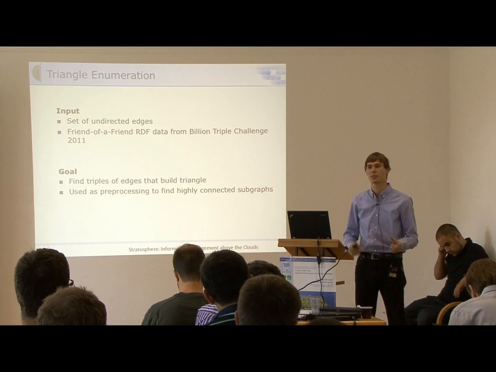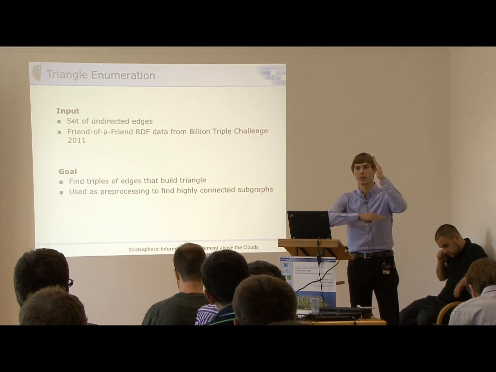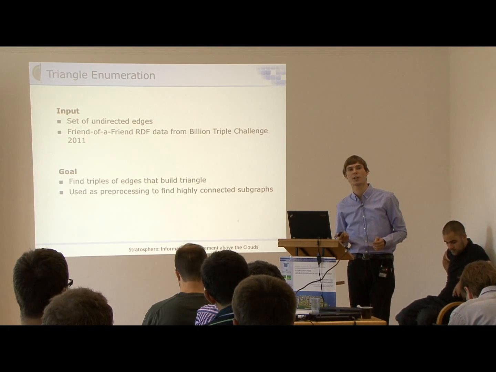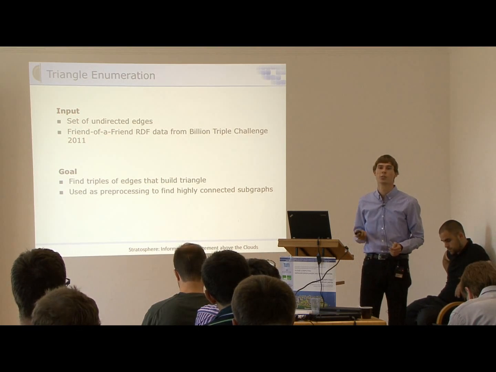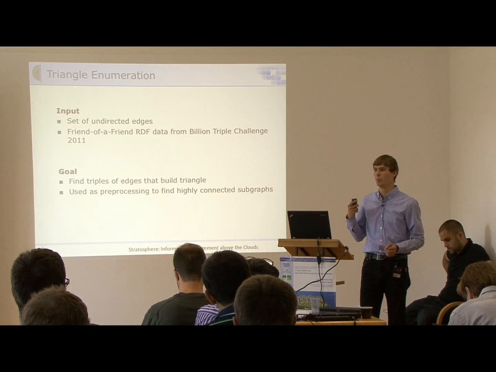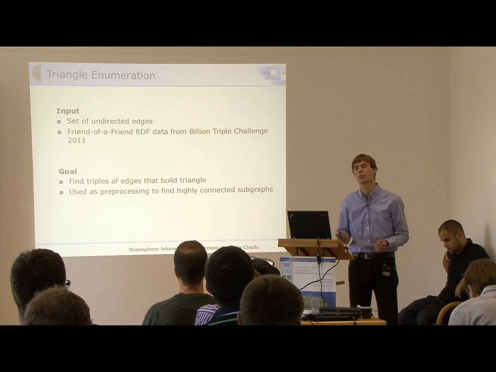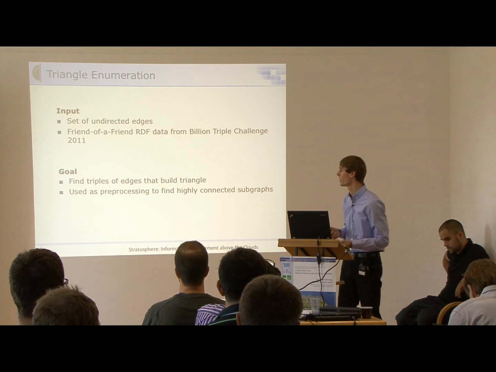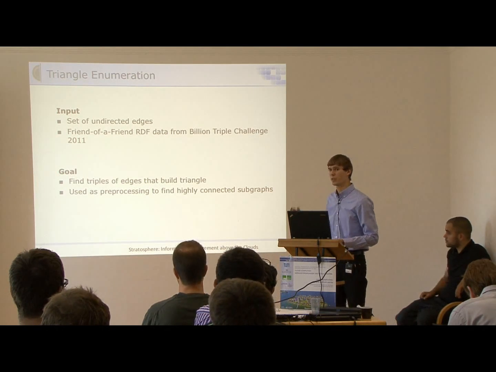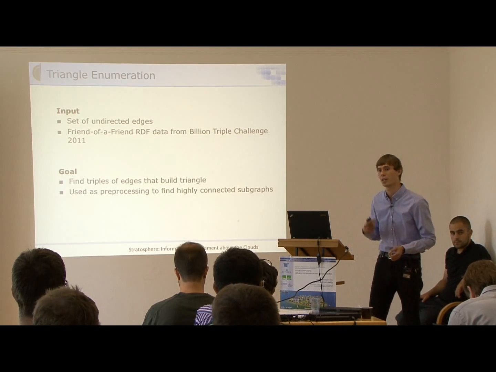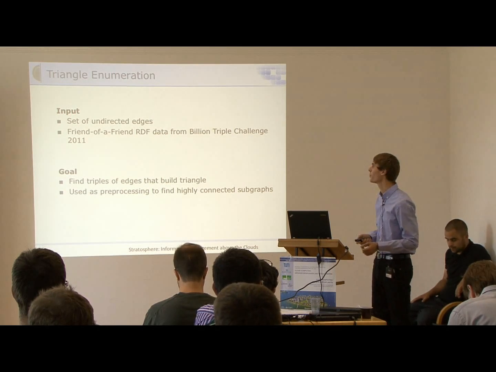That means that the edges of them form a triangle. This is mainly a preprocessing step that is used by other methods to identify strongly connected subgraphs known as trusses or cliques in larger graphs. These methods, in turn, are often used for analysis of social networks.